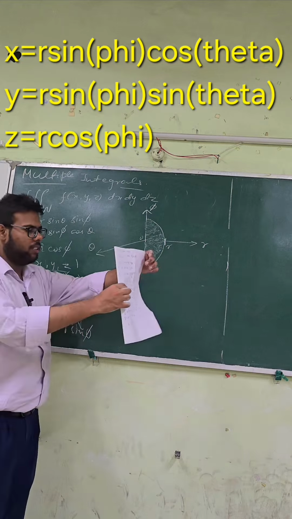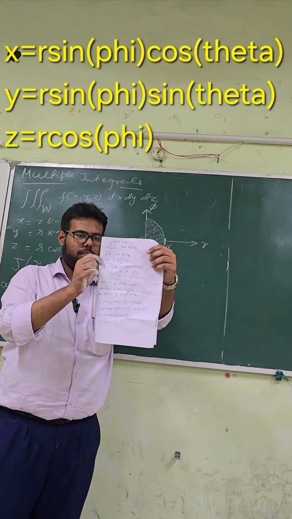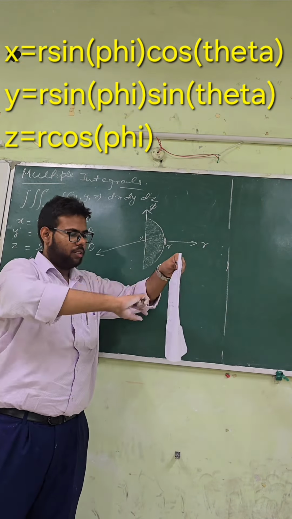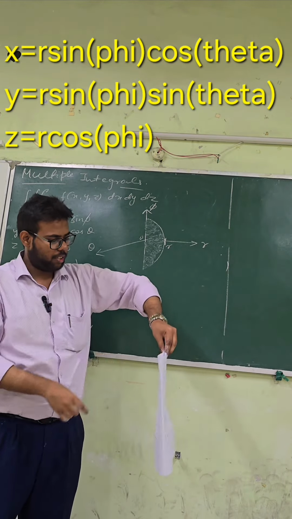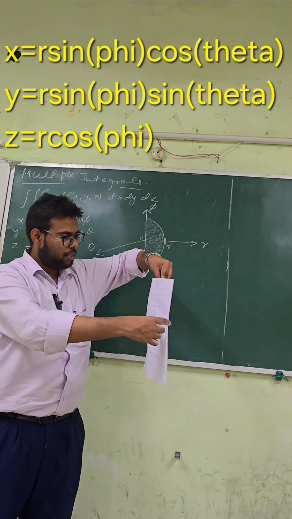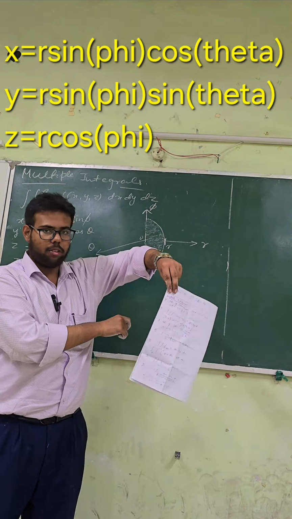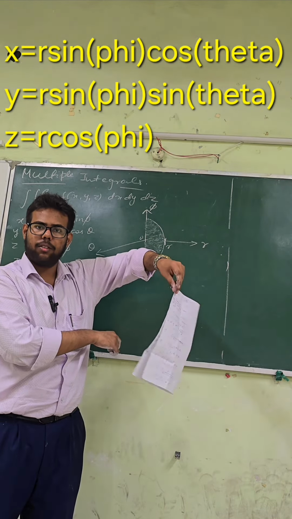If I can show you, yeah, this. Suppose this paper is a plane. I'm not having anything right now to show, but you will take it somewhat like this. You will rotate it like this, counterclockwise or clockwise, whatever.